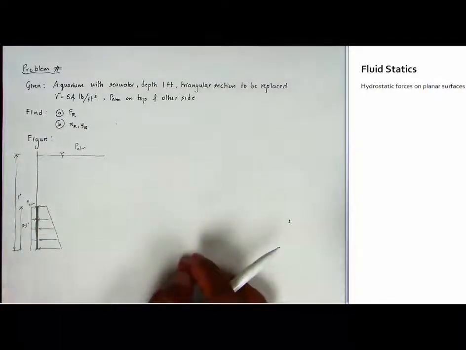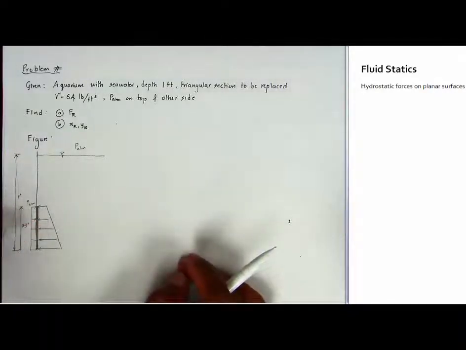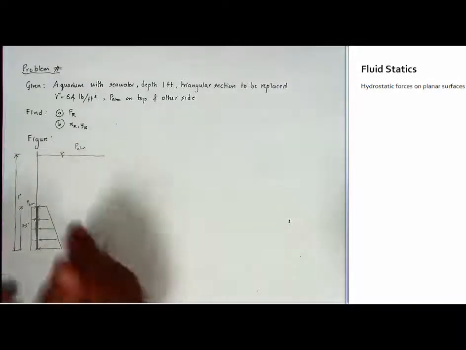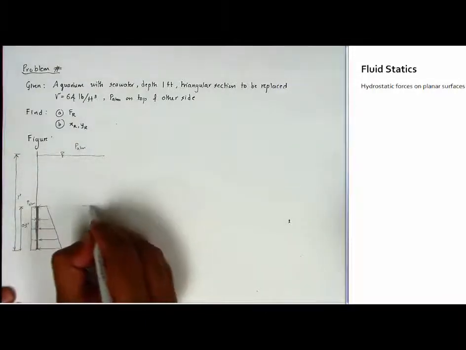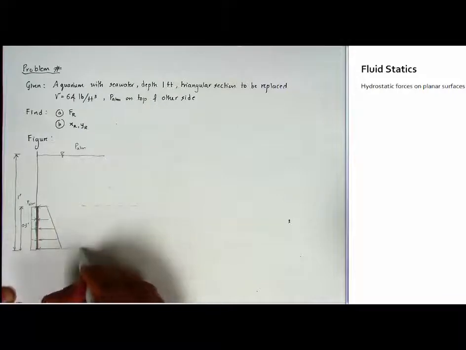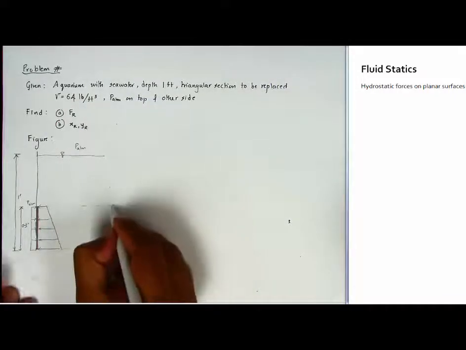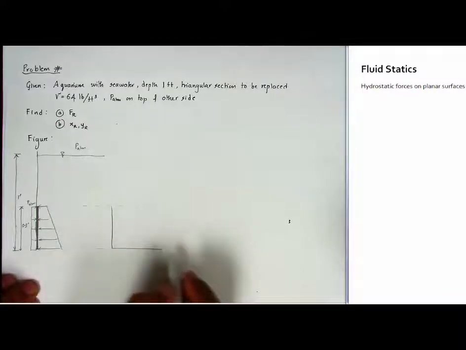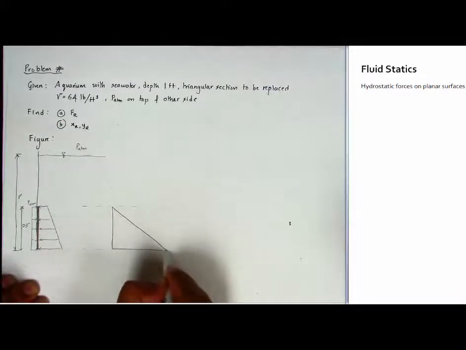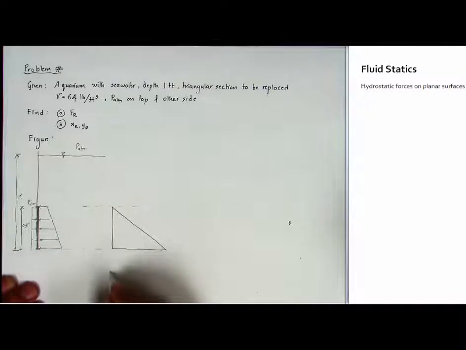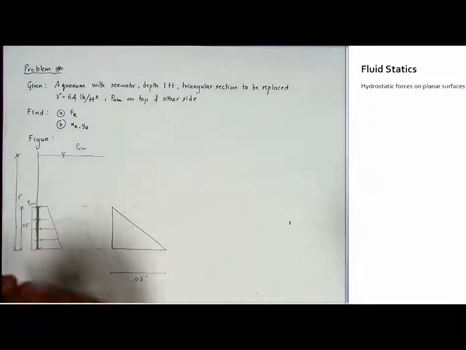When you look at it from this edge, you're going to see the triangle, and the triangle is going to look like this. And this also is 0.3 feet. This is of course 0.3 feet.